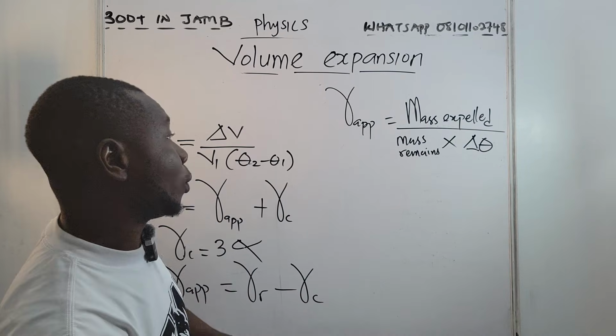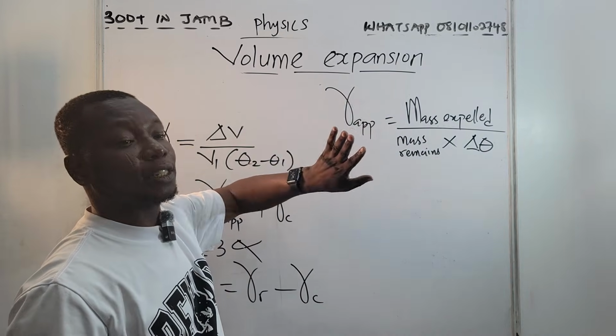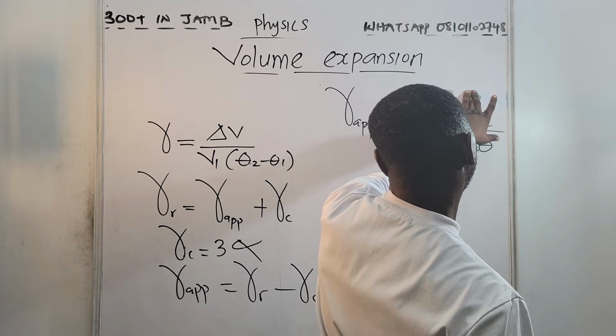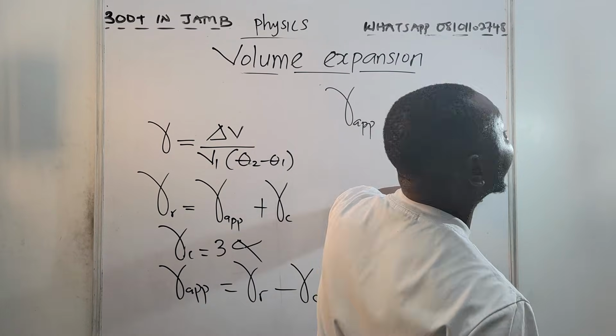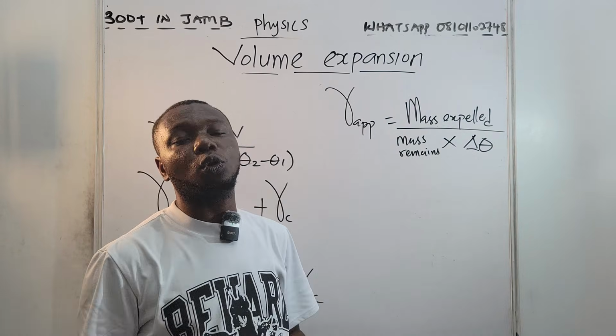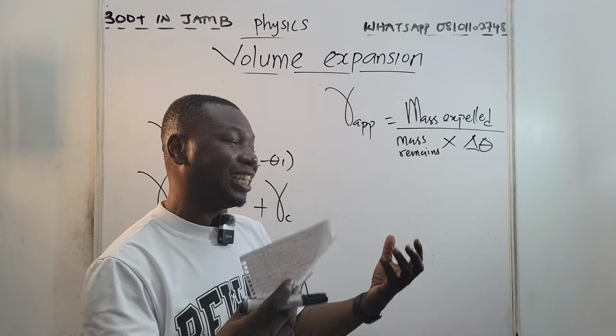We can get the apparent cubic expansivity by using this formula: the mass expelled over mass remaining times change in temperature. Now, what causes that mass to be expelled? A change in temperature, by heating the container.